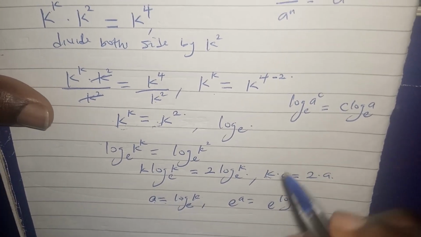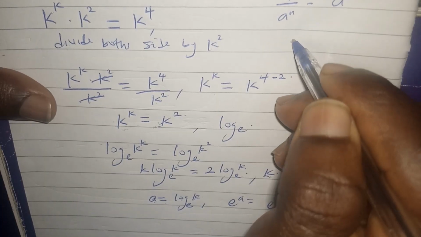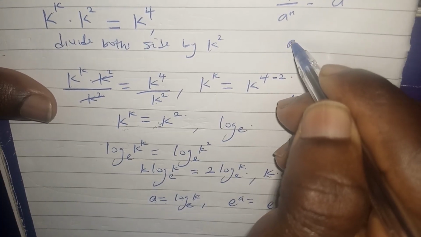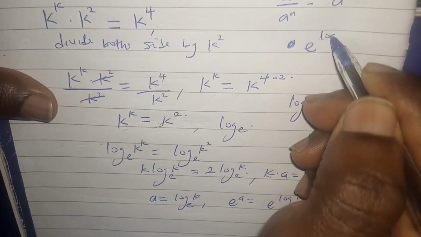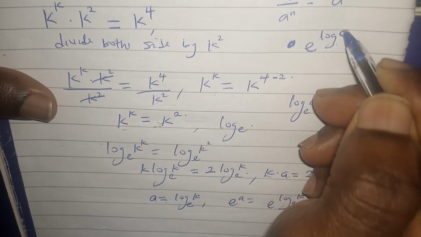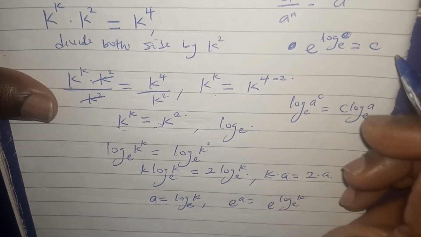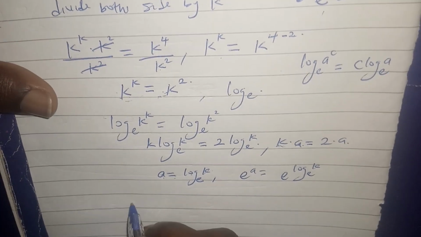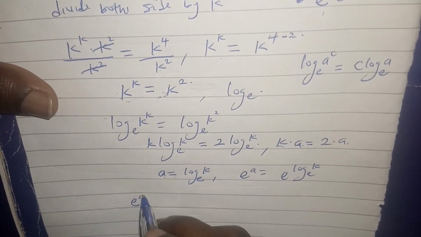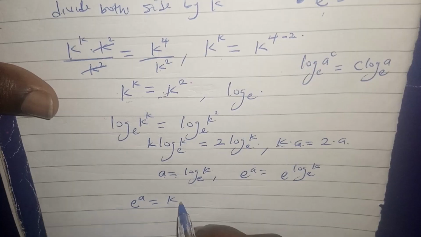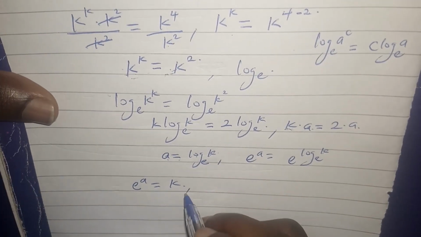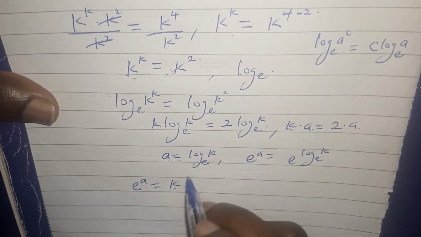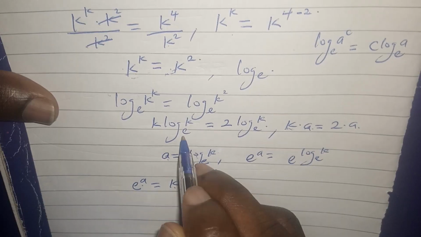Remember from a log rule, which says exponent of log c to base e equals c. So if we put this rule here, we have exponent of a equals k. So wherever we see k, we put exponent of a, and wherever we see log k to base e, we put a.